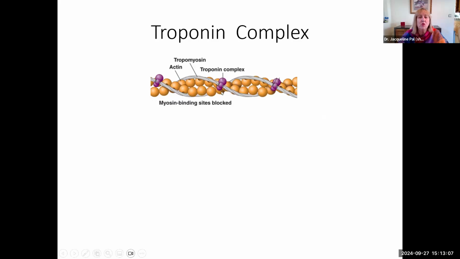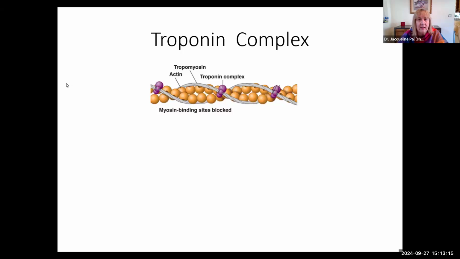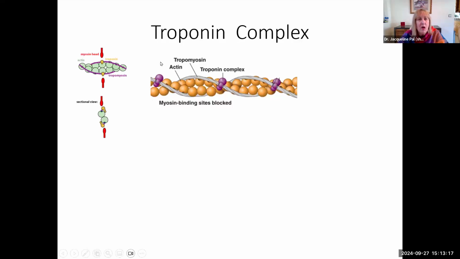It was going to bind to actin on one side, and it was going to bind to tropomyosin on the other side. And when it did that, the myosin head could not get into the binding site on the actin molecule because tropomyosin was acting like a chastity belt.